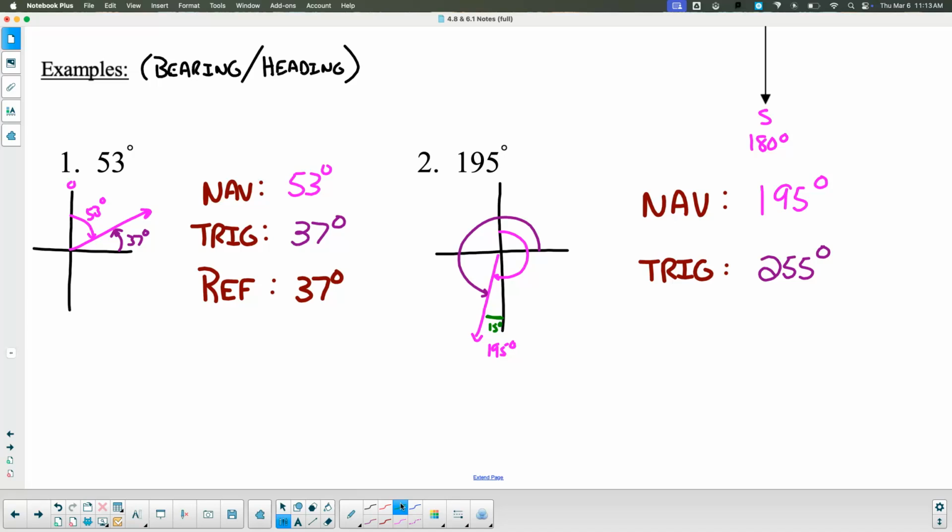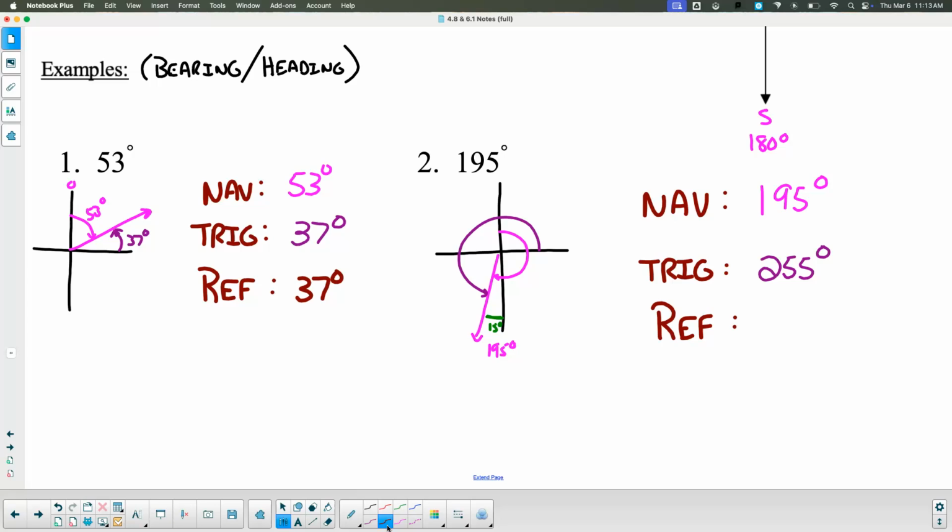What would the reference angle be for this one? Reference angle, back to the closest horizontal. 75?